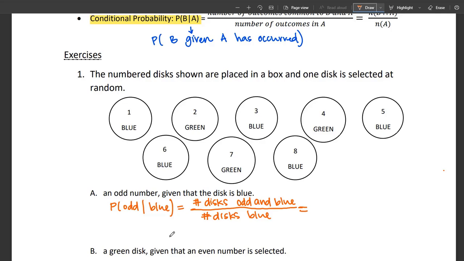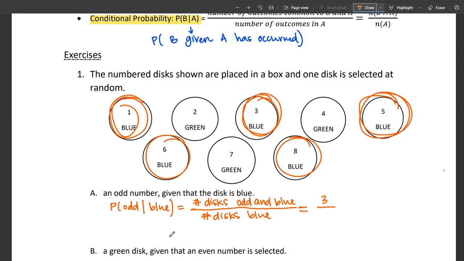So the number of discs that are odd and blue, we have 1, 2, 3, okay? And then the number of discs that are blue, we have 1, 2, 3, 4, 5. So we have 3 out of 5 for this one.